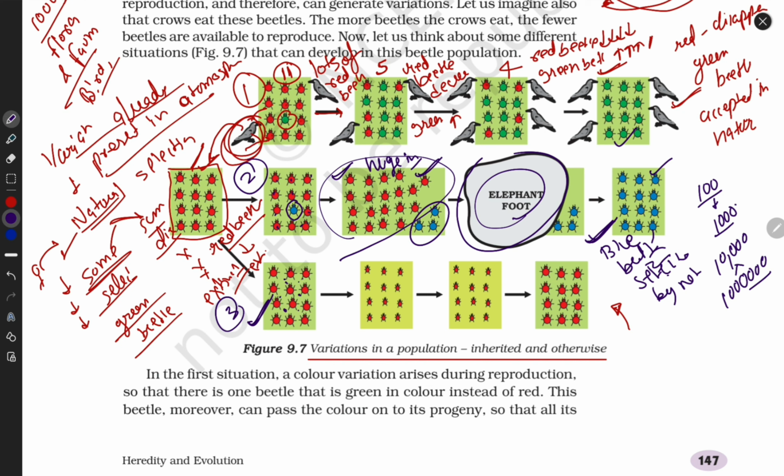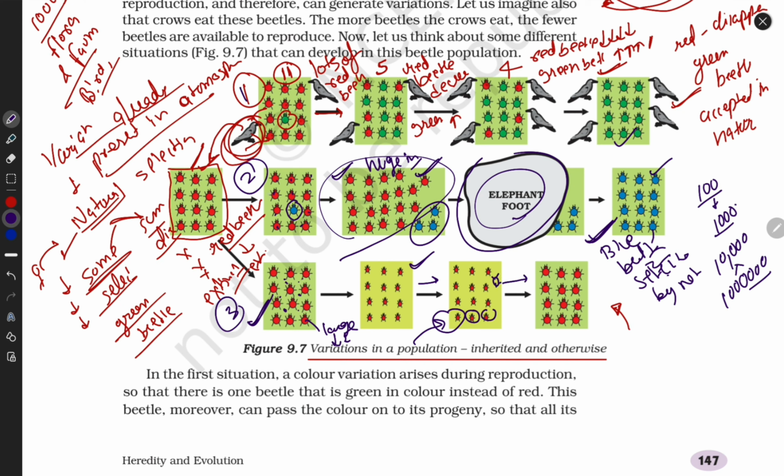But over time, the environmental conditions change, and then large beetles decrease in number and small beetles grow. Now the small beetles are very happy. Some predator comes and feeds on the small beetles. Then what happens next? Though less in number, large beetles are still present in the atmosphere and are selected.